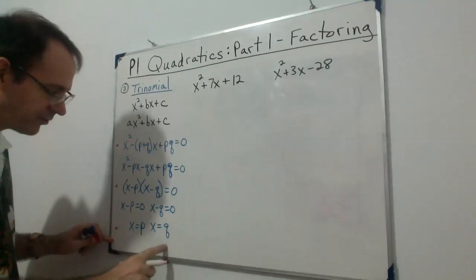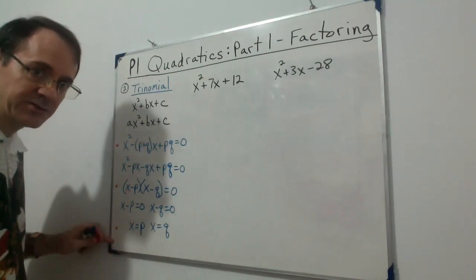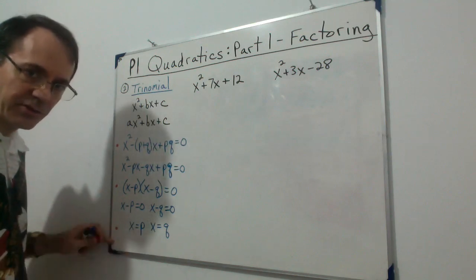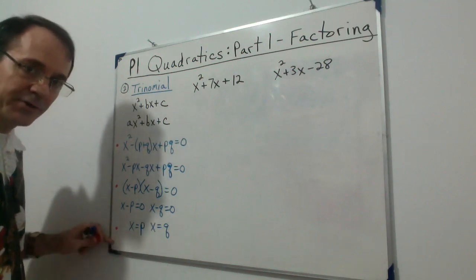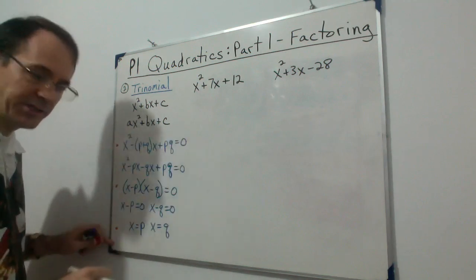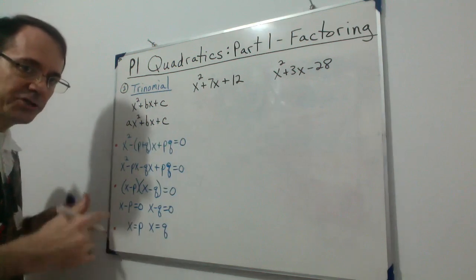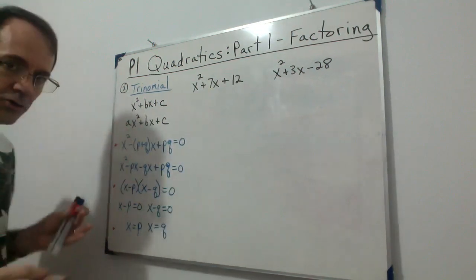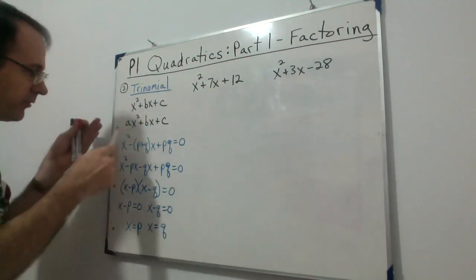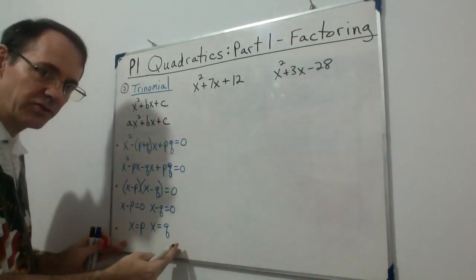Then this level here, this is the solutions that can be called the roots. There's several different names it goes by, but this is your root to the equation. So you really need to know all 3 of these, and you should be able to start with one and go to the other one. Now, generally, we start with the equation and we try to work down to the solution.